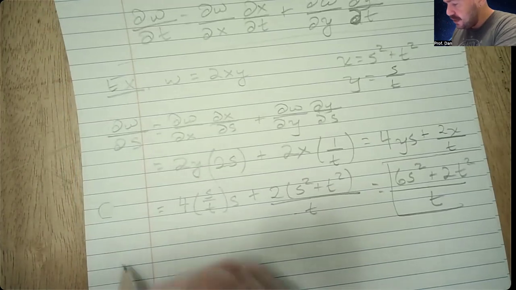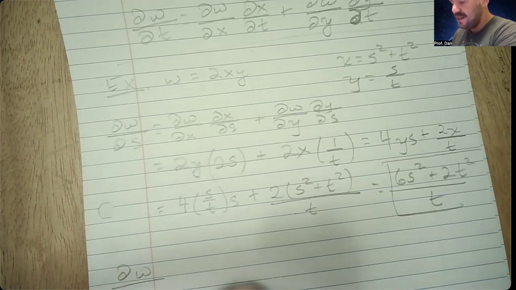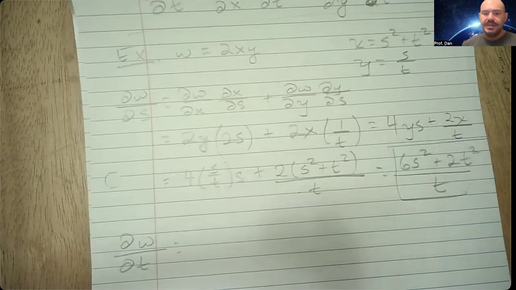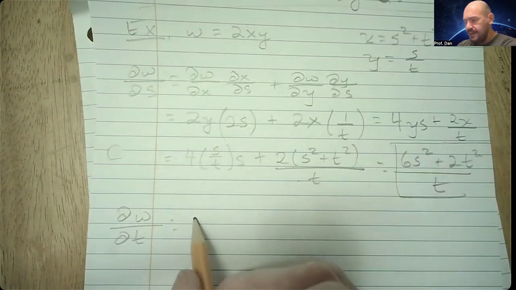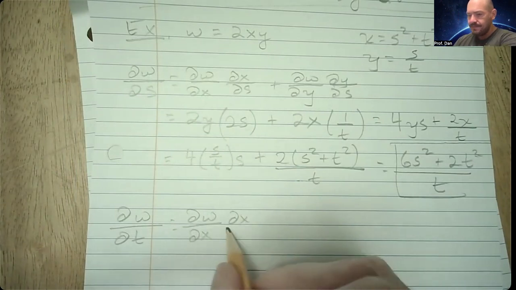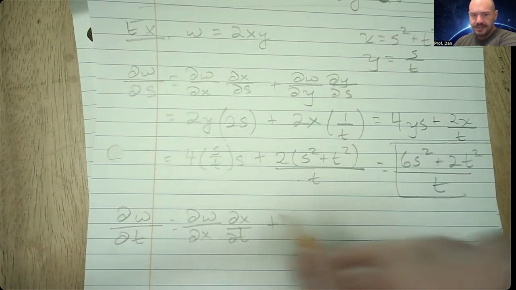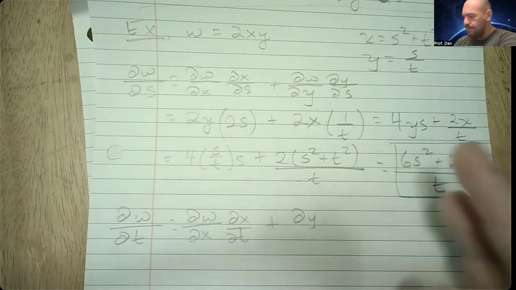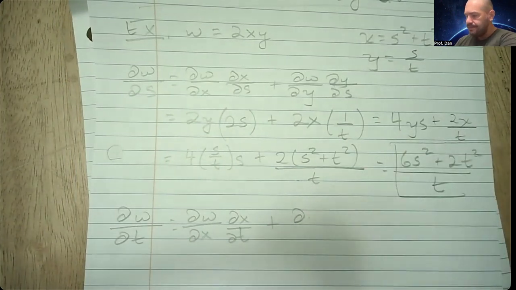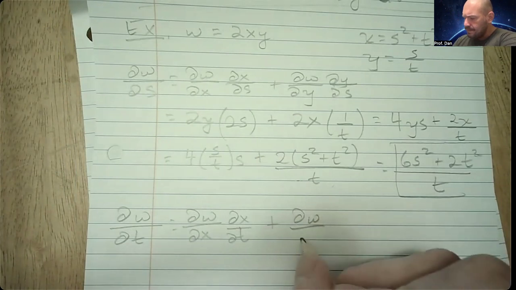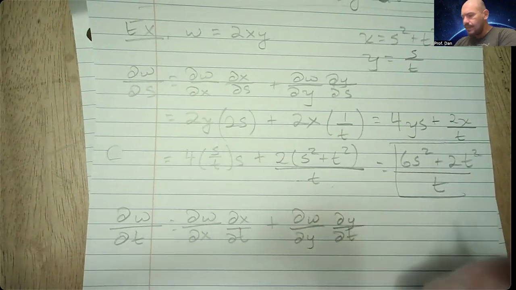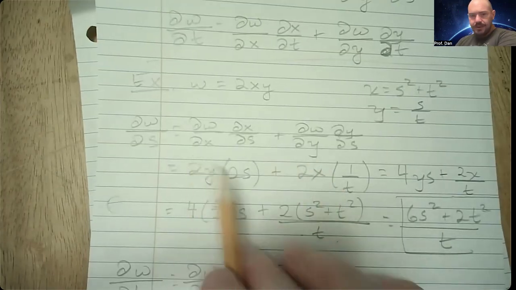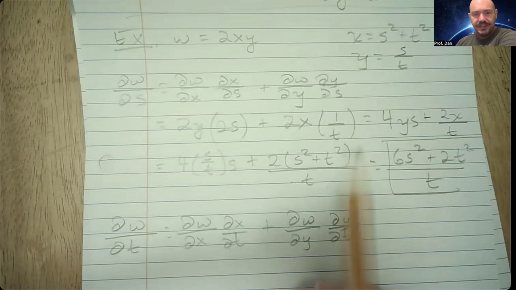Now, if I want to find the partial of w with respect to t, I would do a similar thing. Right, I would go through and write out my chain rule. So again, I need the part that comes from x plus the part that comes from y. And I could just grab the partial derivatives from various parts that I've already done, right?